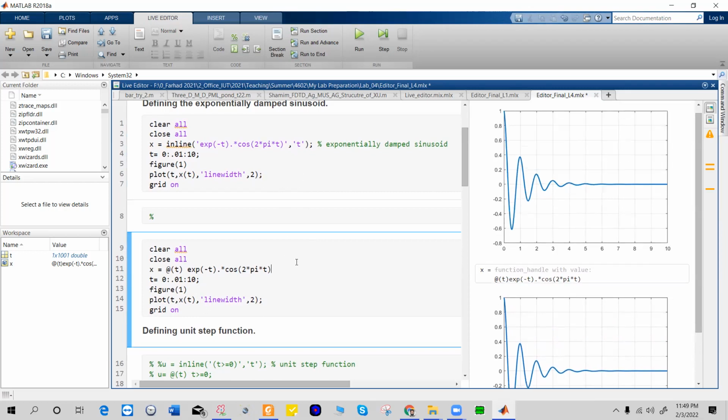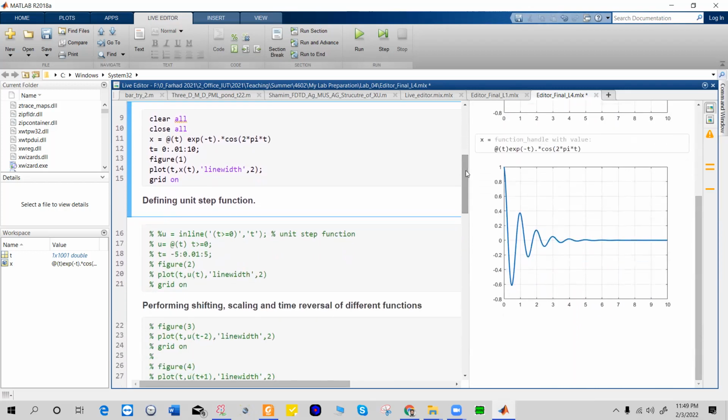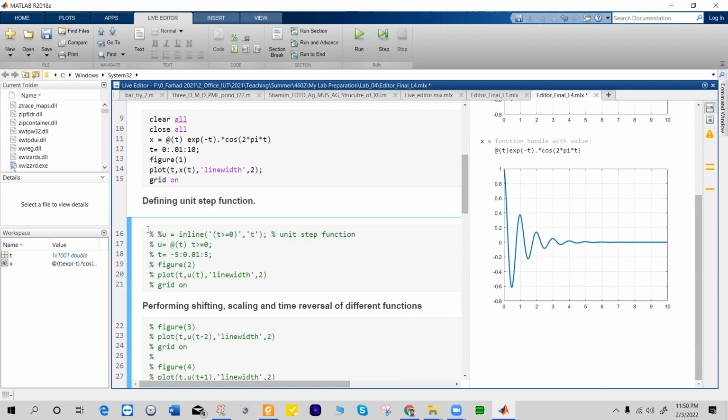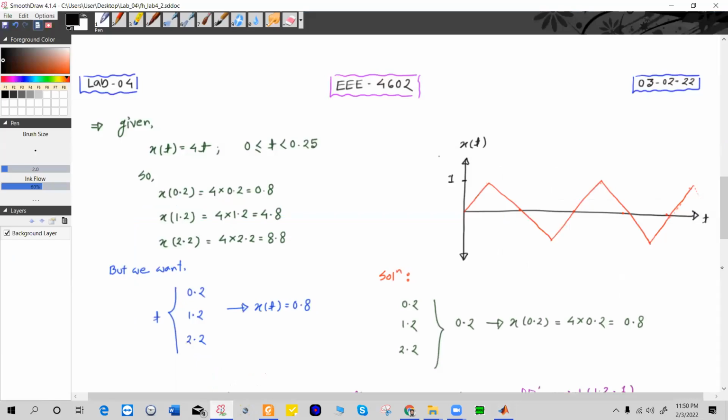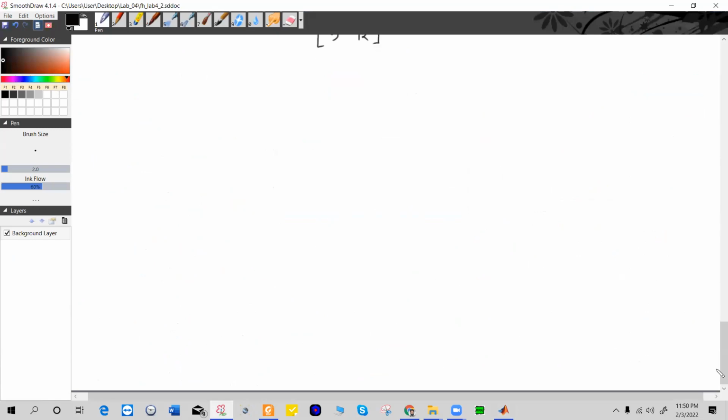Now we will see how we can produce the unit step function in MATLAB. Before producing that, let us recall what the unit step function is. Let me show it here.